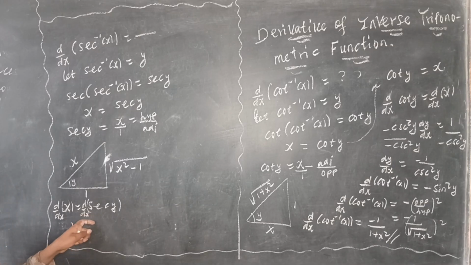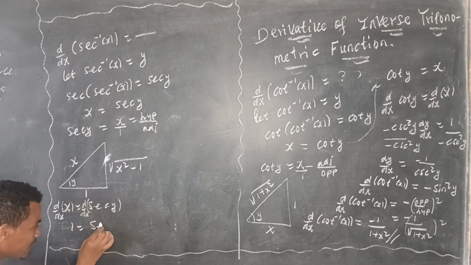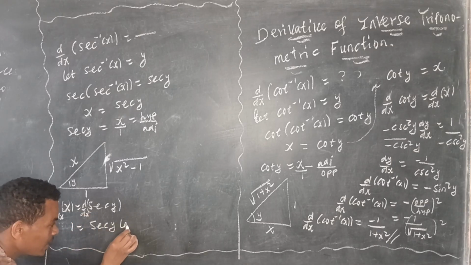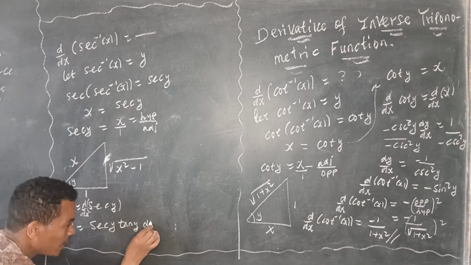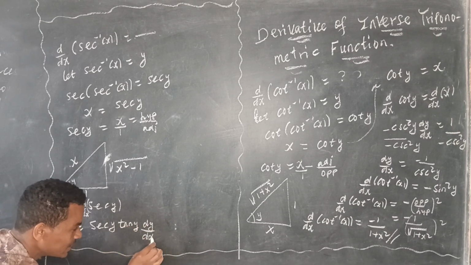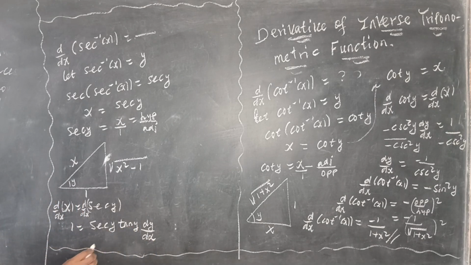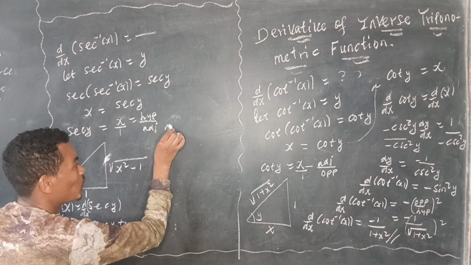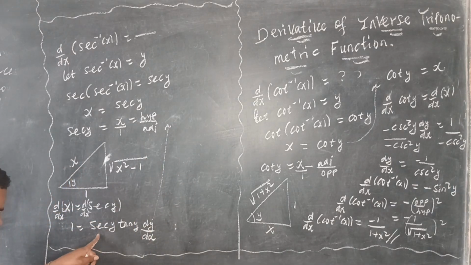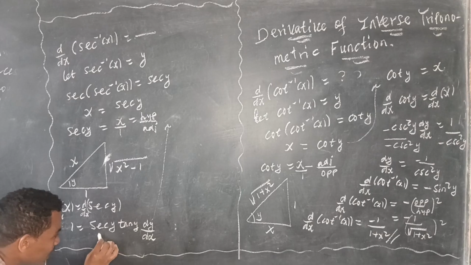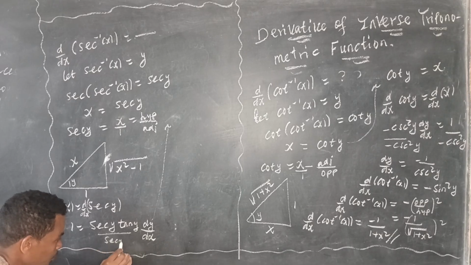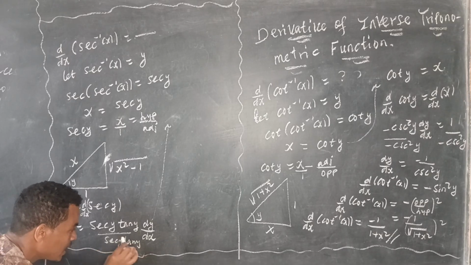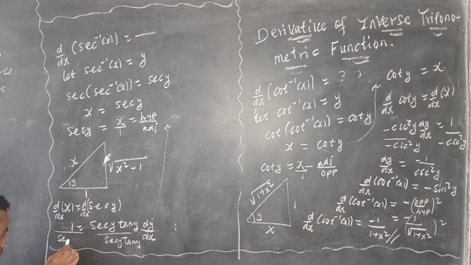Derivative of sec y with respect to x is sec y tan y dy by dx. And from this one, divide both sides by sec y tan y.